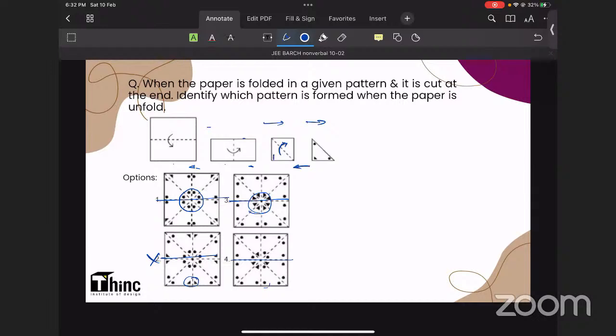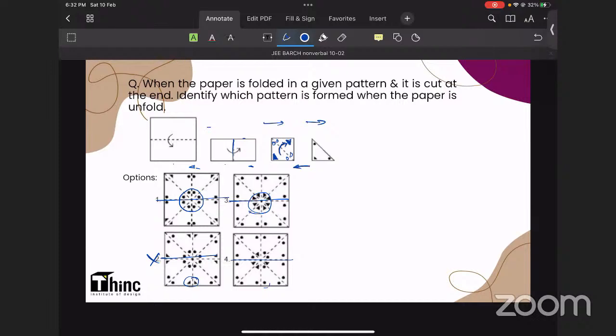So one triangle is over here, and a dot over here, another dot over here. So when it is unfolded, it will be something like this. Okay, so now coming over to here.